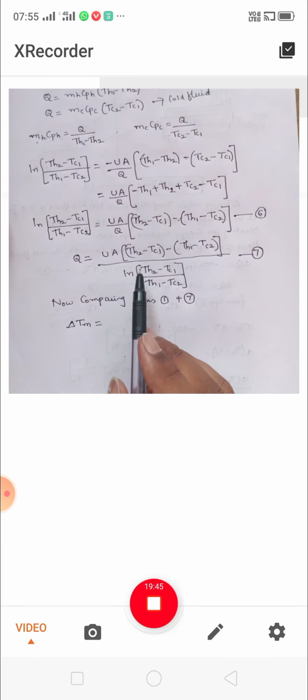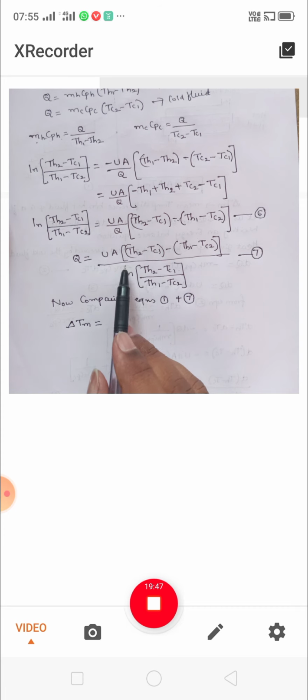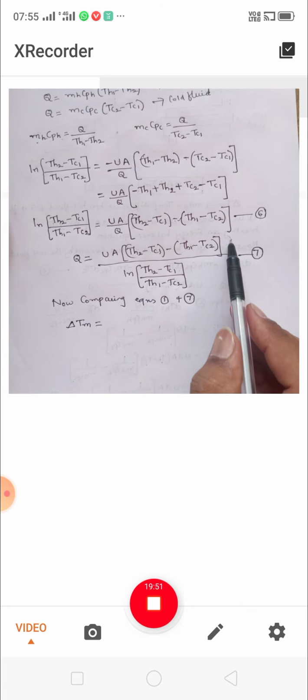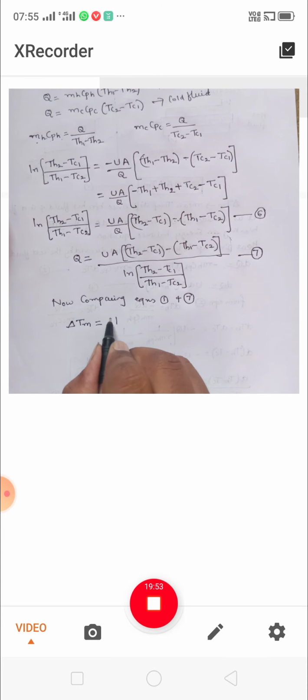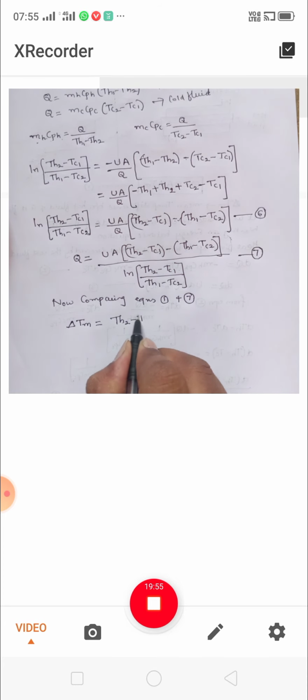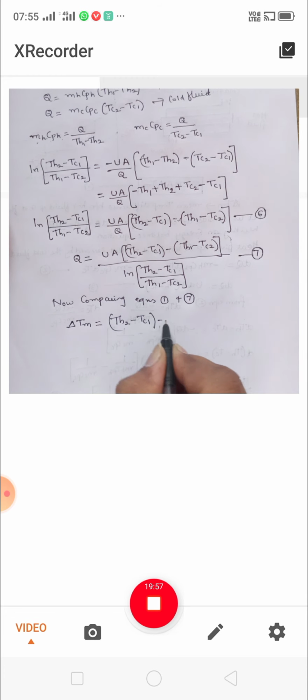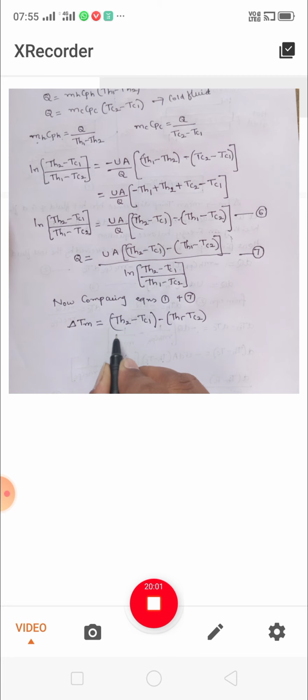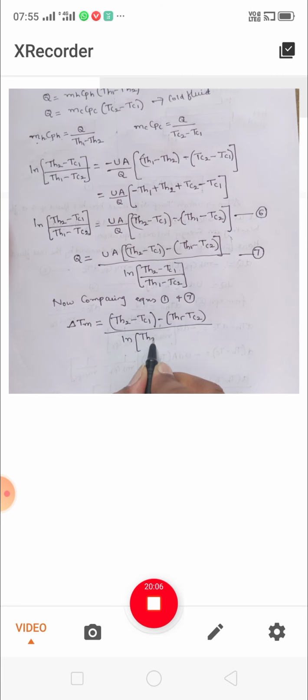So comparing equations 1 and 7, delta Tm will be equal to this entire expression. Delta Tm is equal to Th2 minus Tc1 minus Th1 minus Tc2, divided by log of Th2 minus Tc1 divided by Th1 minus Tc2.